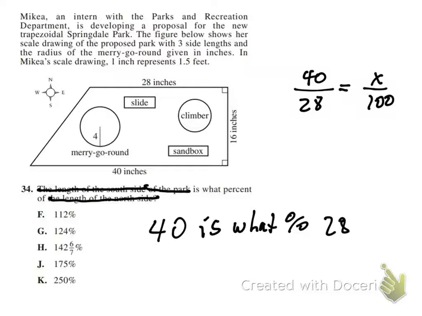And that's something that hopefully y'all remember. It's something that you used for a long time. Cross multiply, you get 28x equals 400. And then what else? Divided by 28, we get x equals 400 divided by 28.